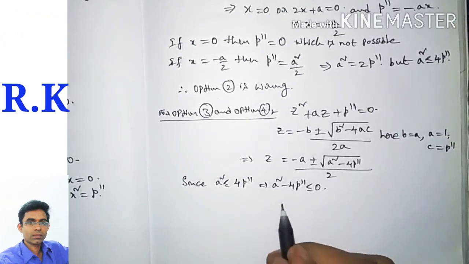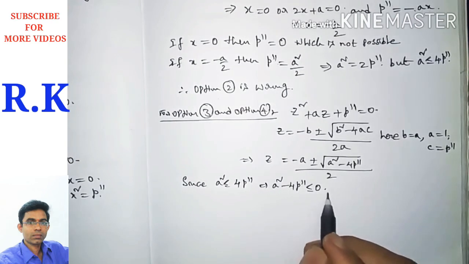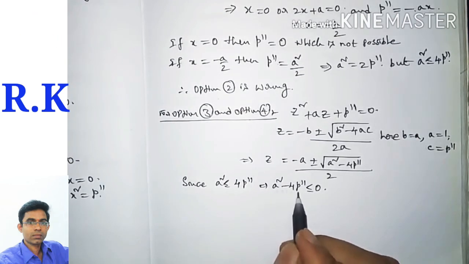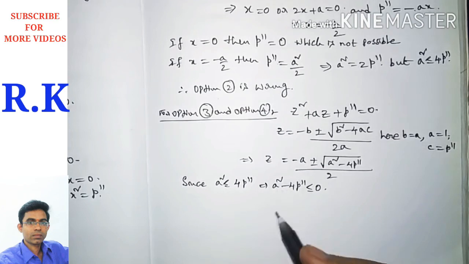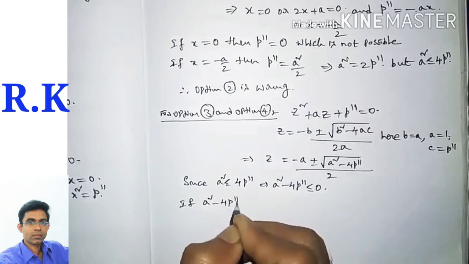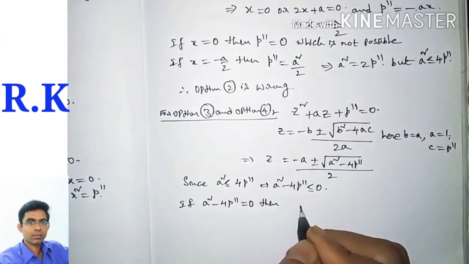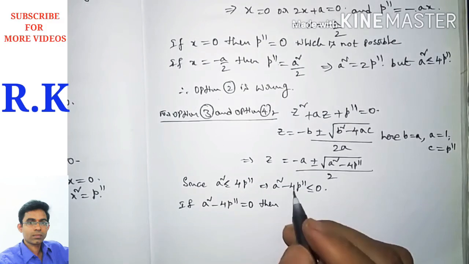So we have two possibilities: a² - 4p^11 = 0, and a² - 4p^11 is strictly less than 0. So if a² - 4p^11 = 0, then roots are real and equal.